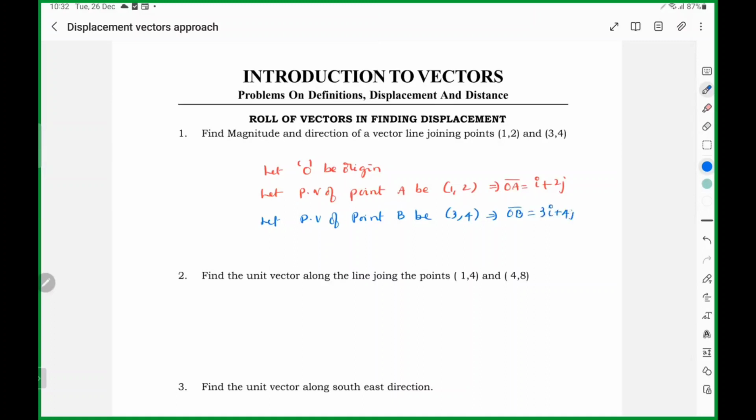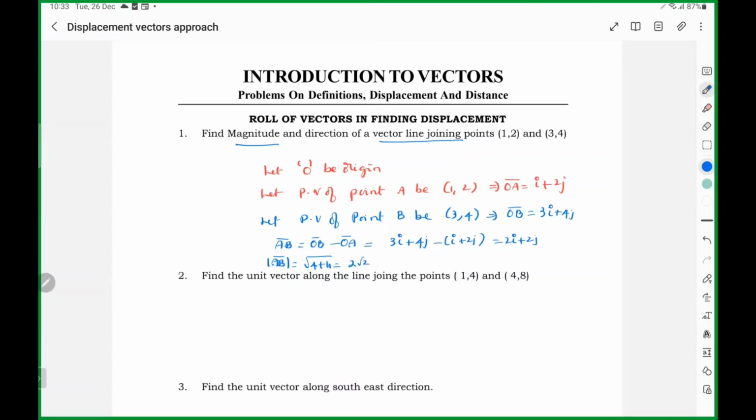Here we have to find the vector joining these 2 points, final minus initial: 3i plus 4j minus i plus 2j, which is 2i plus 2j. He is asking the magnitude, which is root of 4 plus 4, 2 root 2.